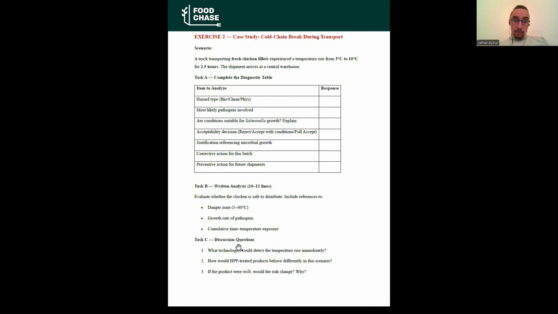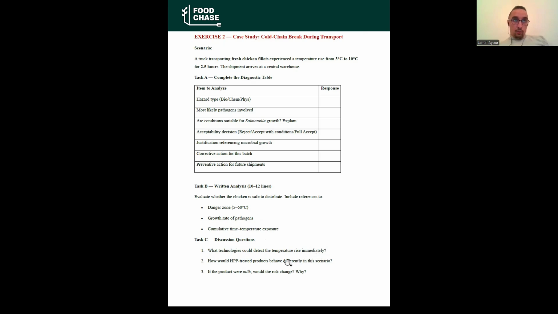For task C, the objective is to discuss questions. You have three direct questions. For example, which technology could detect the temperature rise immediately?